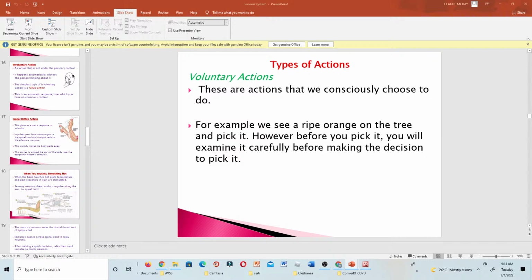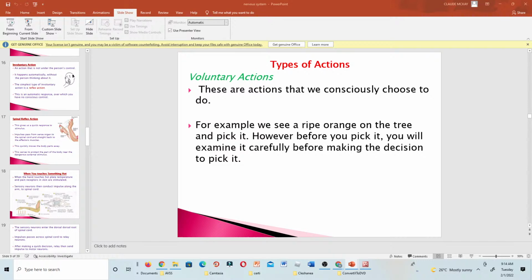The second pointer is giving us a perfect example. For example, we see a ripe orange on the tree, and we pick that ripe orange. However, before you pick that orange, you will examine it carefully before making the decision to pick it. You're going to look at the orange and say to yourself, is that orange ripe enough to be consumed, yes or no?